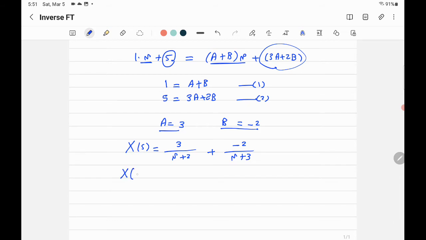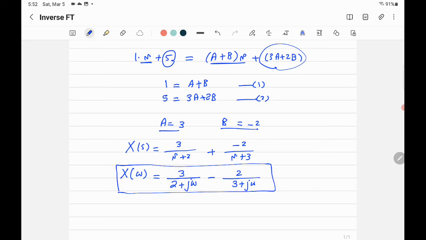So we write this as the Fourier transform: 3 over 2 plus j omega, and you have here minus 2 on the top over 3 plus j omega. So that's the expression of the Fourier transform, but I want to find the inverse.